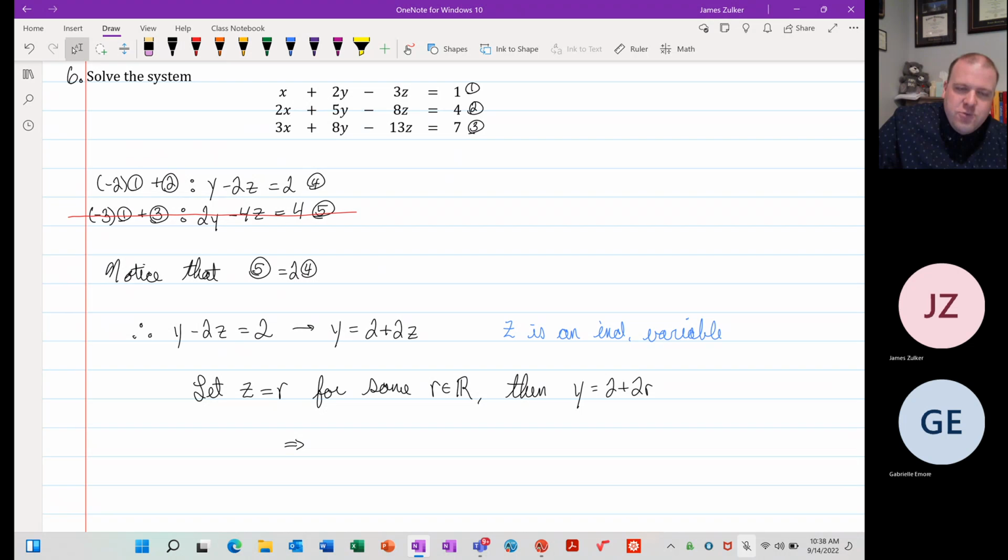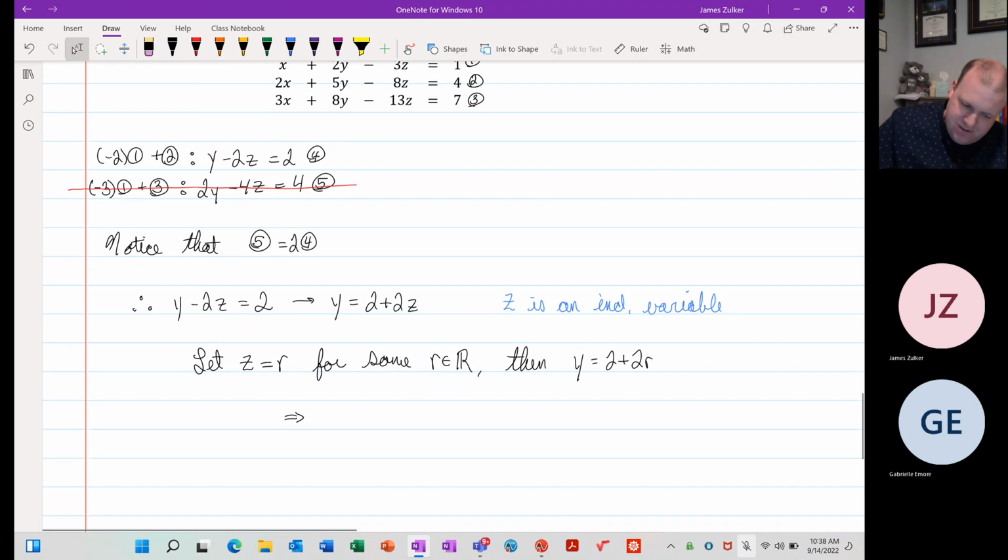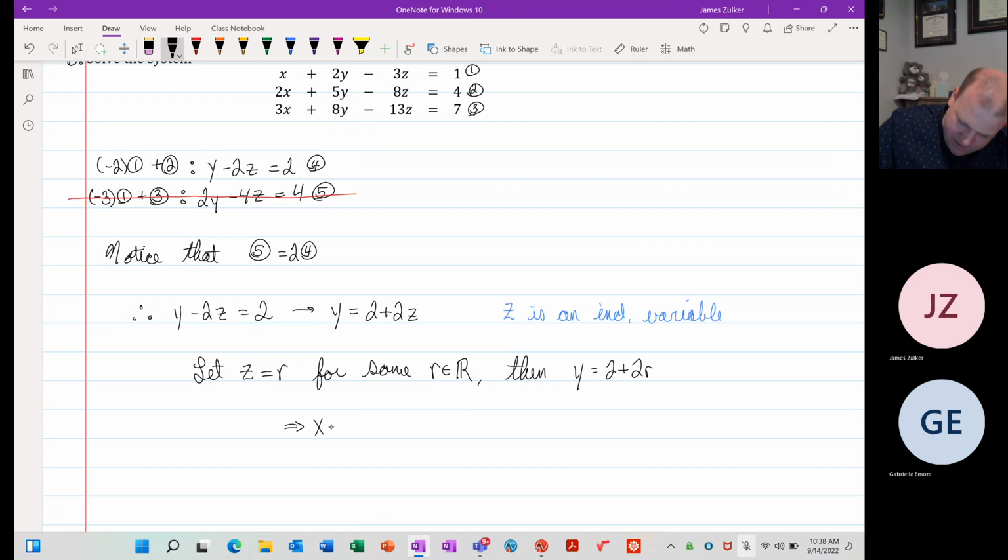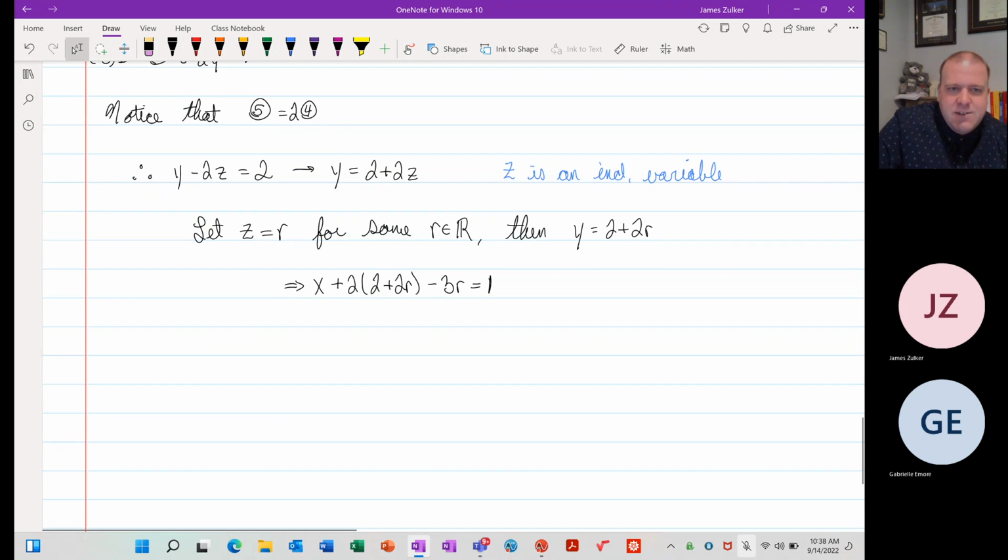All right, let's plug them into one of the original 3 equations. The first one is probably the easiest. So we said y was 2 plus 2r. That has to equal 1.